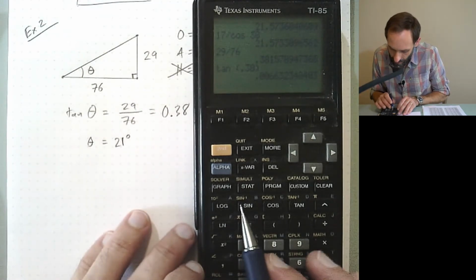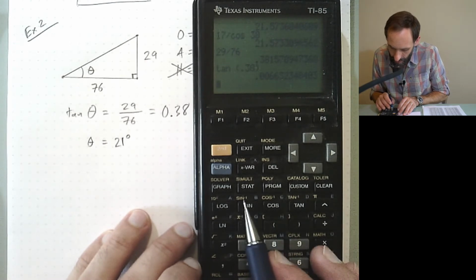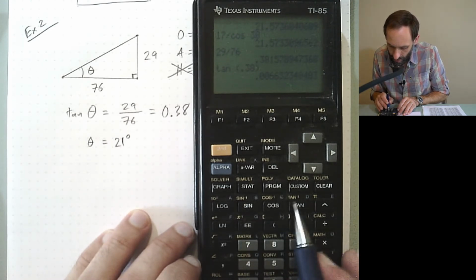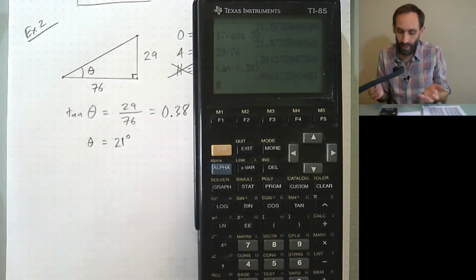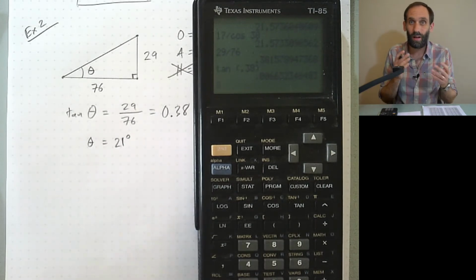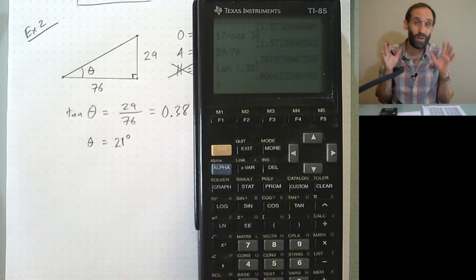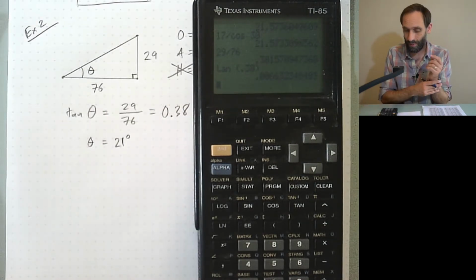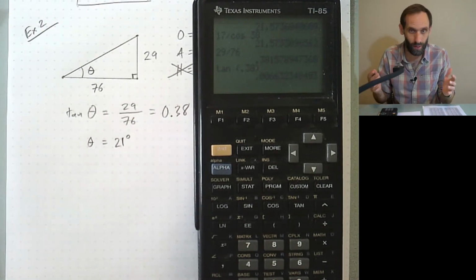So you'll see above the sine, cosine, and tangent, sine -1, cosine -1, tangent -1. Those are the inverses. They're also known as arc sine, arc cosine, and arc tangent, which I know is a little bit confusing, but just be aware of that.